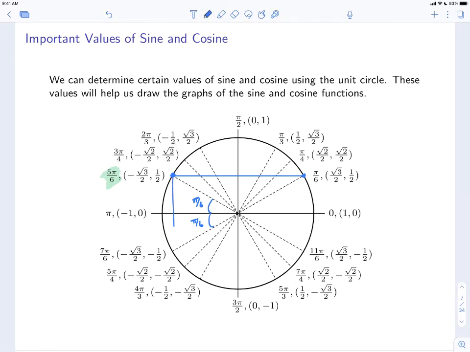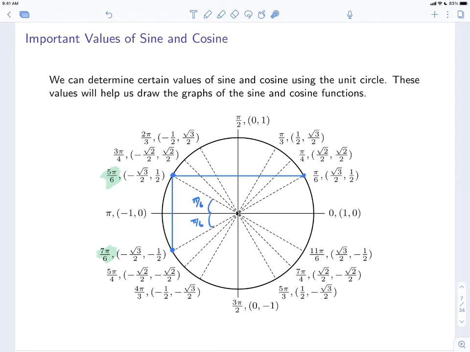So now I'm down here. That means I've gone the same distance to the left as before. So the x value is the opposite of the square root of 3 over 2. I'm down here now. But since I'm reflecting through the x-axis, that means instead of going up by 1/2, I'm going down by 1/2. So that's why it's a negative 1/2 here.